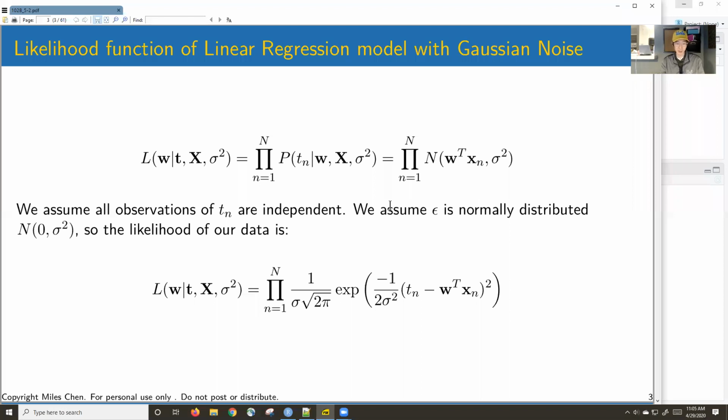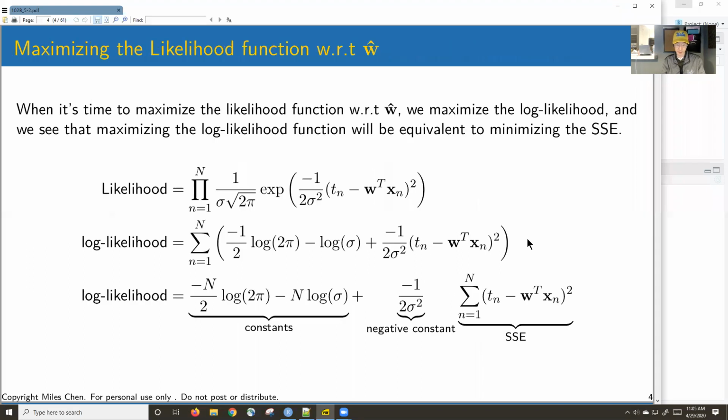So if we take the normal probability density, the likelihood is the product of all of these normal PDF values. What we want to do is take the derivative of the likelihood and set it equal to 0.